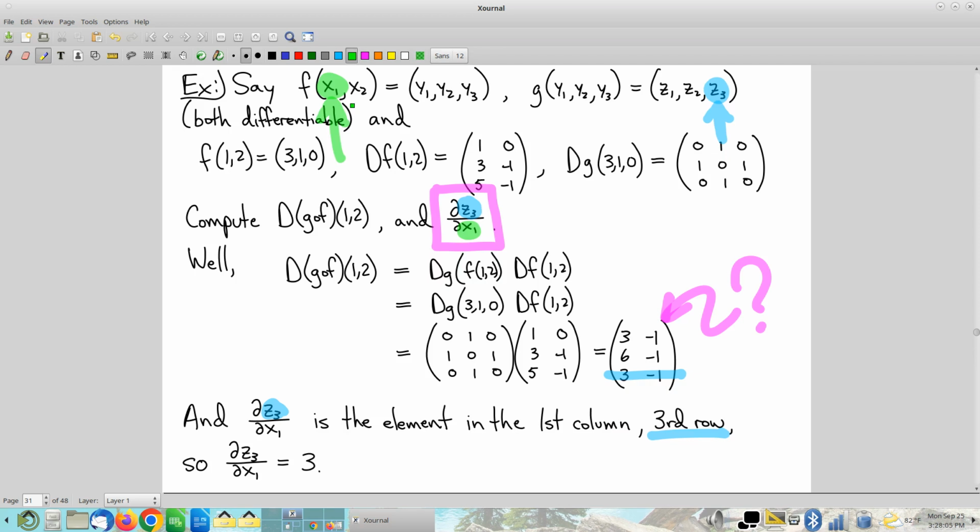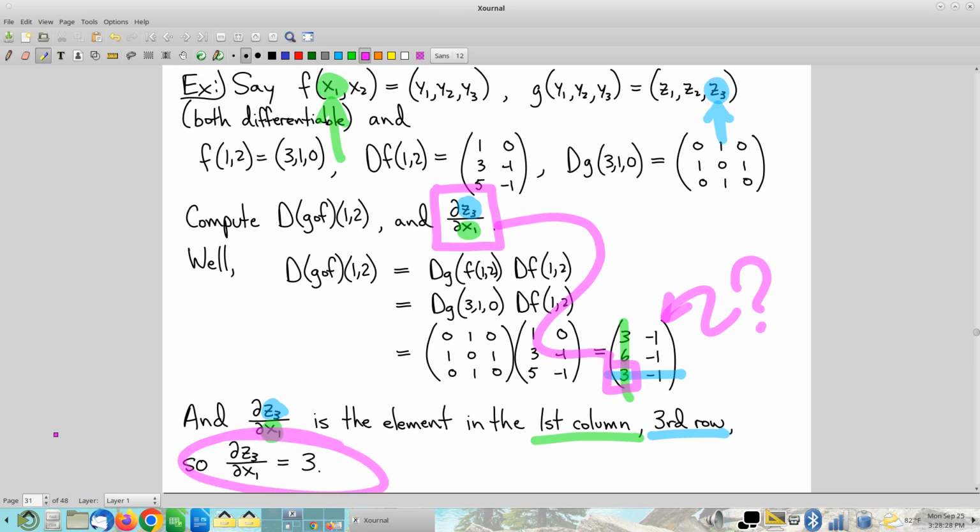We're looking for the partial derivative with respect to apparently the first input variable. That means we're looking for an element in the first column. And so that narrows it down for us. That helps us realize that we are looking for that element right there, and the partial derivative we're looking for is 3.